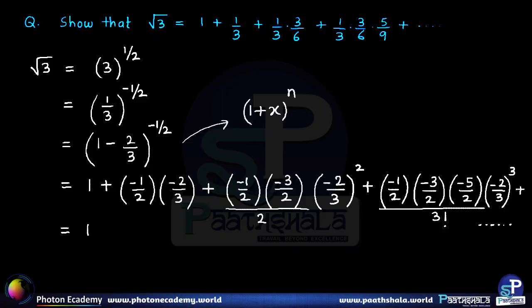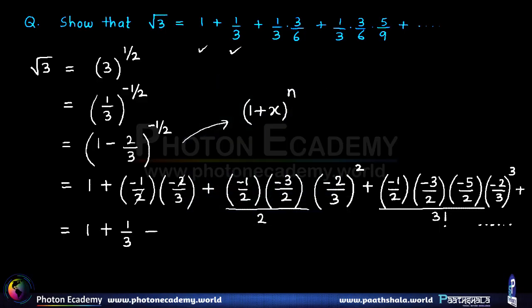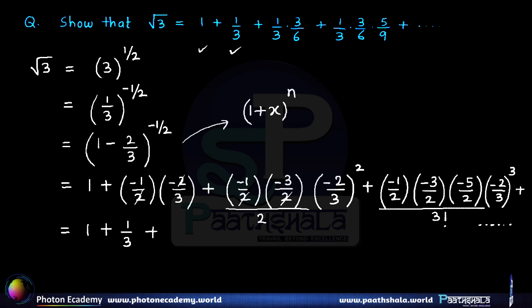Since there are two negative terms, ultimately it will become plus. On cancelling 2 we will have 1/3. So we got the first term, we got the second term. Now in the third term we also see that there are two negative terms and (minus 2/3) square will be positive. So we will cancel the two 2's and this 2 square will also get cancelled.